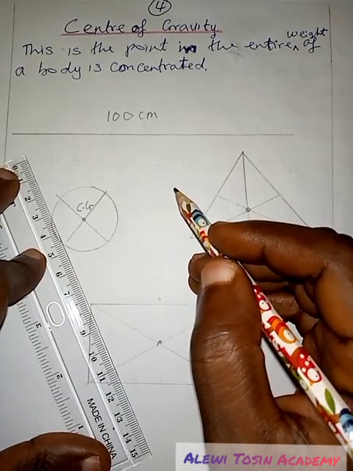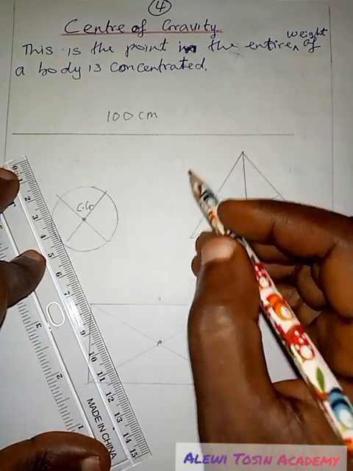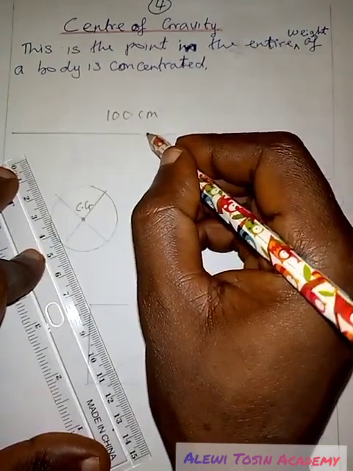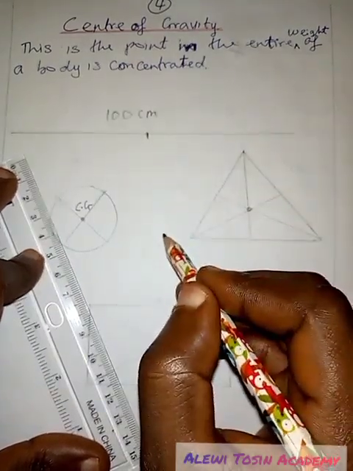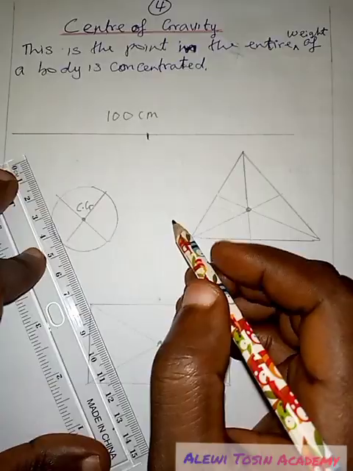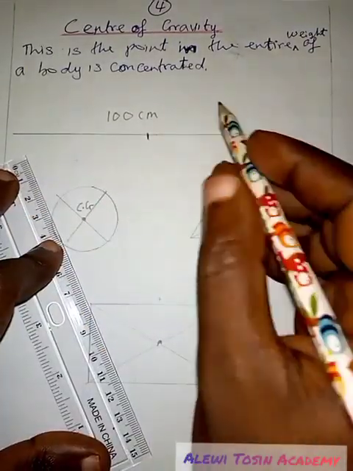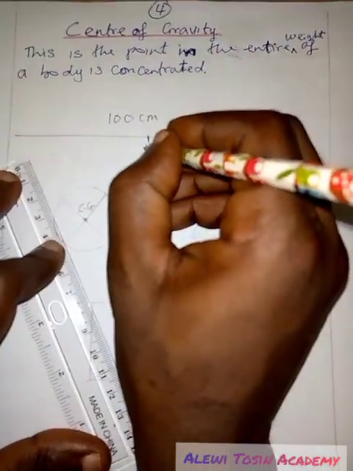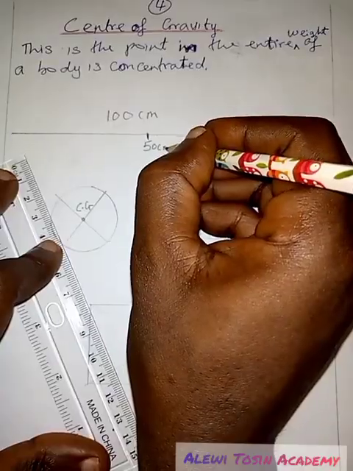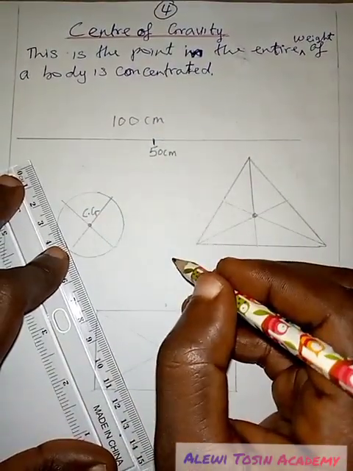The center of gravity of a meter rule is at the middle of the meter rule. That means it is at the 50 centimeter mark of the meter rule.